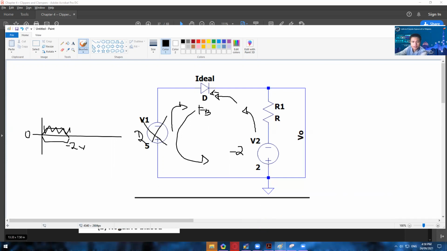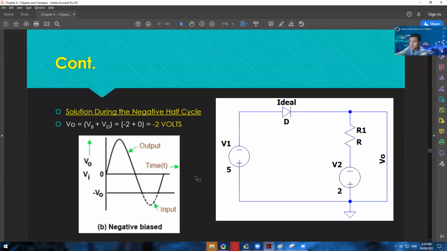All right. So, it's already 4:58. So, let us continue now our discussion. So, are we clear so far on why do we have negative 2 volts in here?